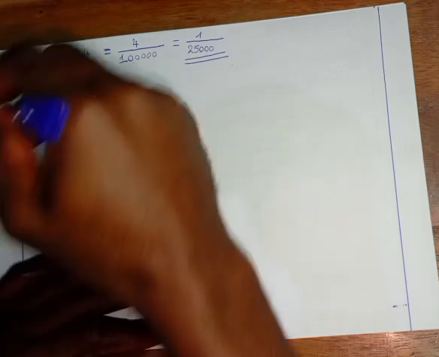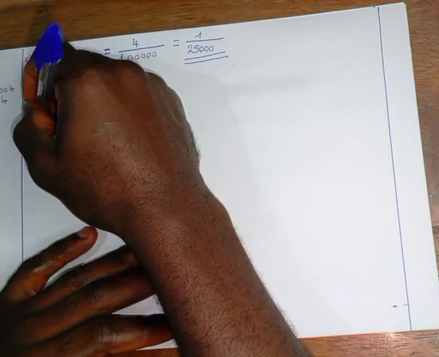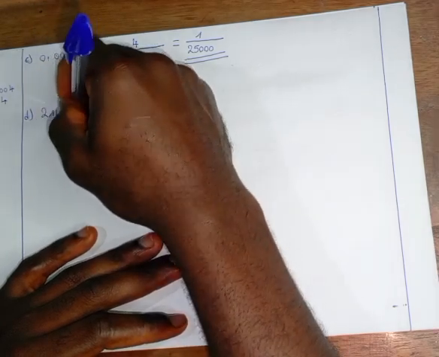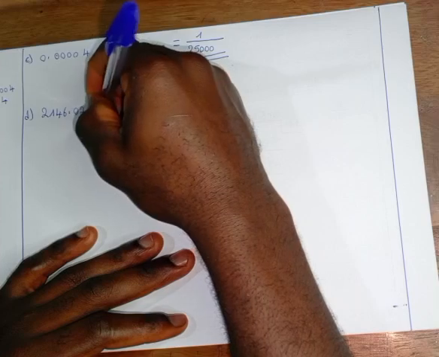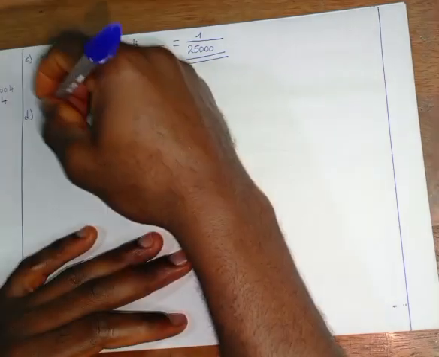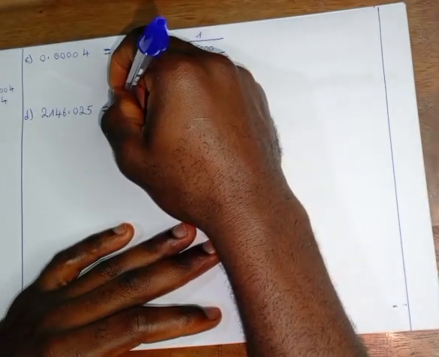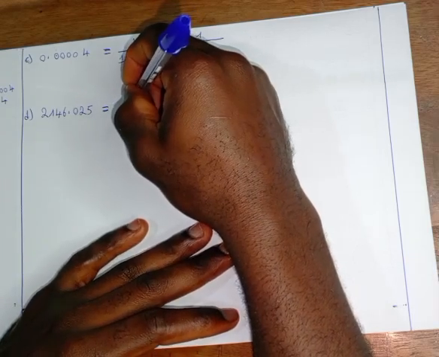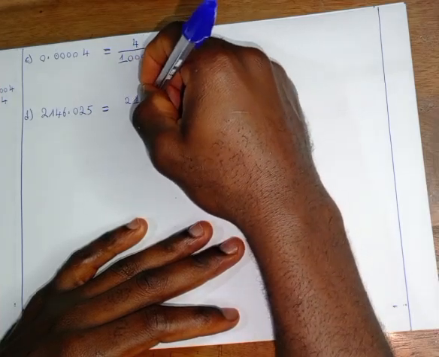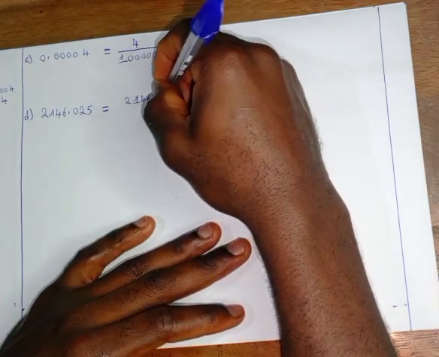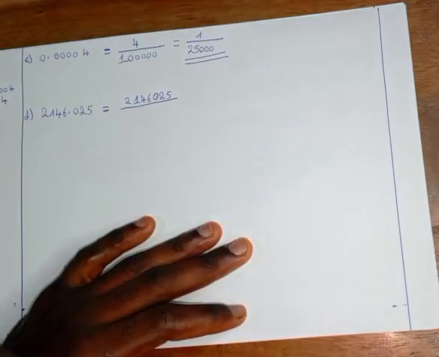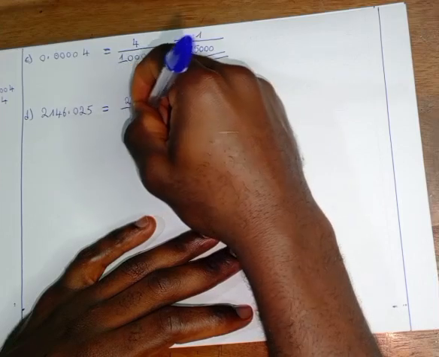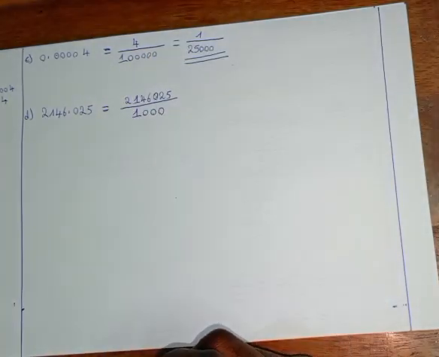Go now to D. For D we have 2,146.025. We count the number of decimal places in this number. We have 1, 2, 3. We ignore the decimal point. This will give us 2,146,025 all over. We divide by a power of 10, which has 3 zeros, 1,000.